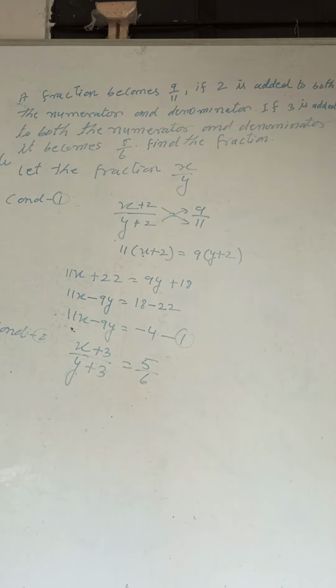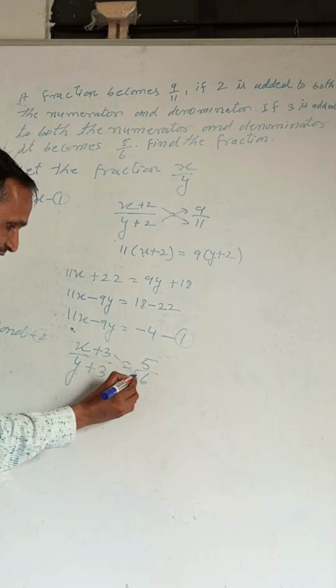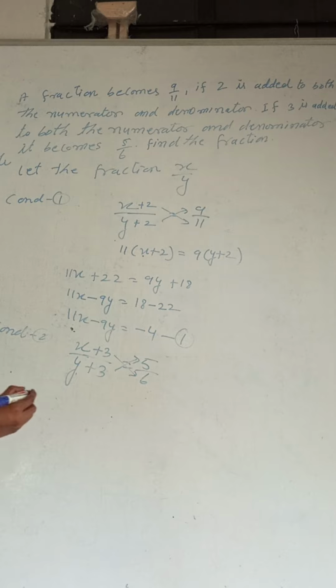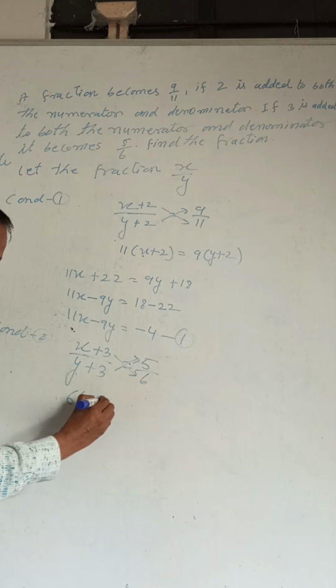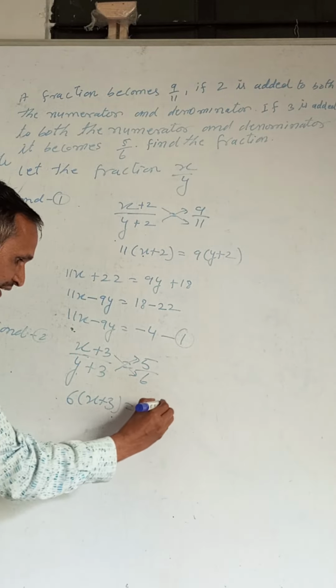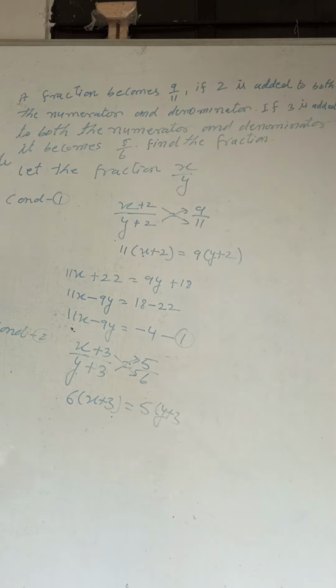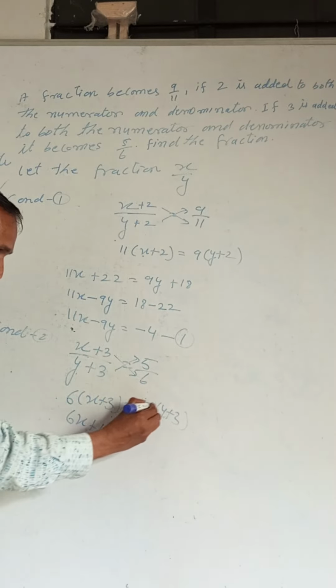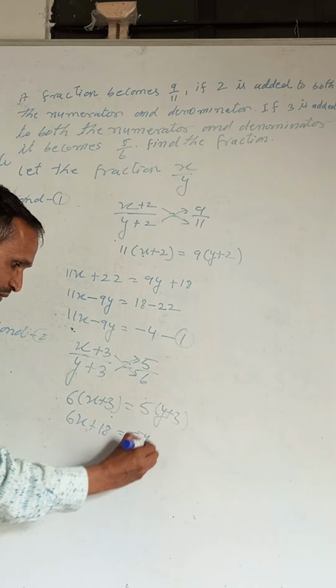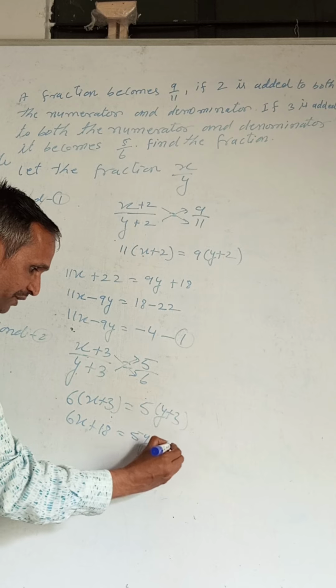Again, it comes in this form, equal to the second one. We do the cross multiplication on both sides and get the equation: 6 into x plus 3 is equal to 5 into y plus 3. Rewriting, 6x plus 6 into 3, 18, is equal to 5y plus 5 into 3, 15.